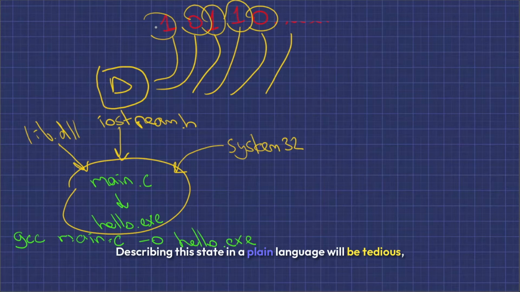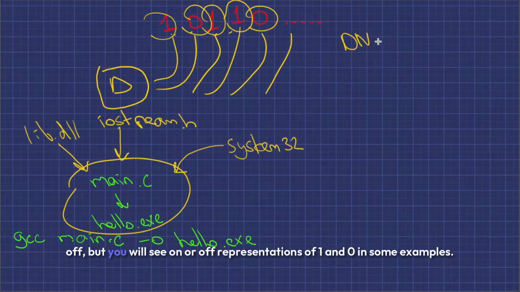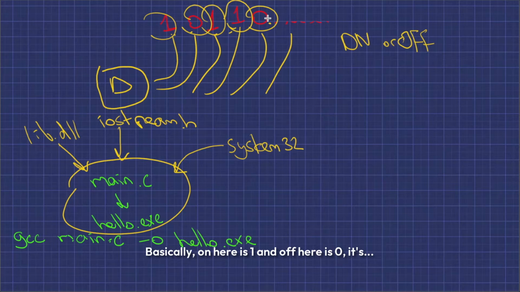Describing these states in plain language would be tedious, so instead we use numeric representations instead of writing on or off, but you will see on or off representations of 1 and 0 in some examples. Basically, on here is 1 and off here is 0.